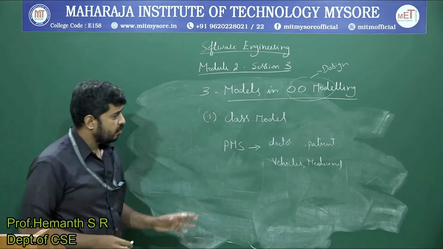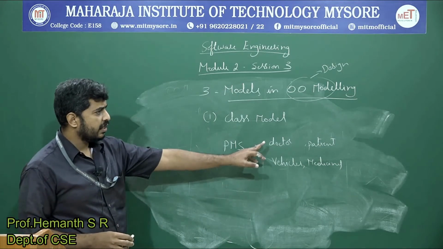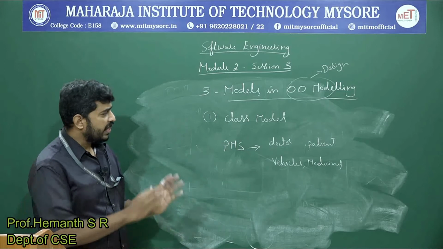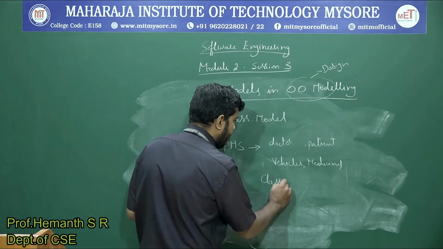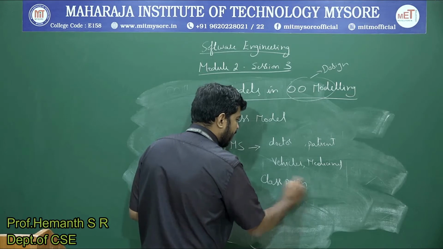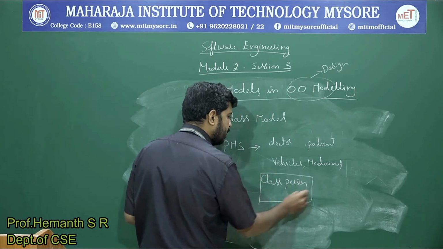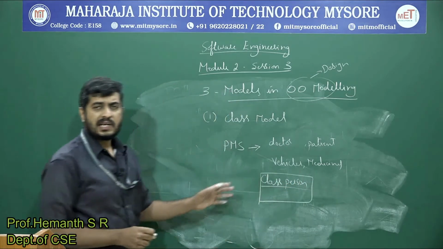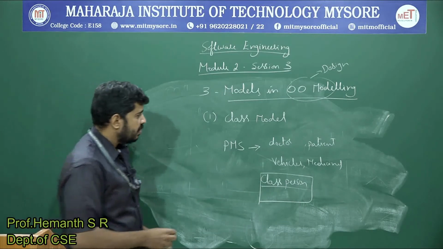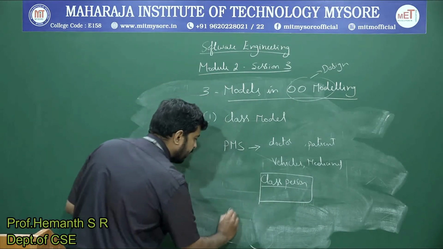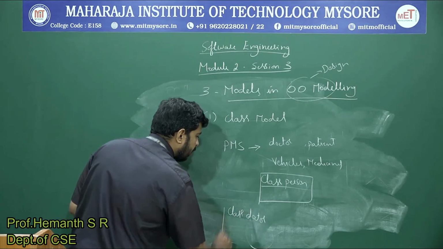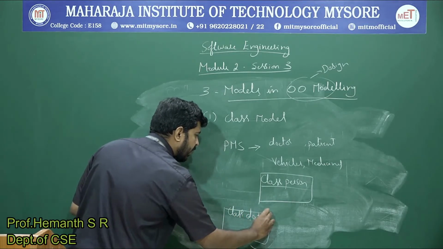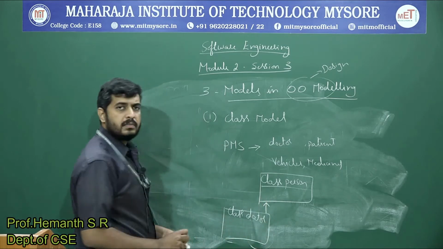Once you identify the real world entities, we create the class. For example, class person. We created this class person. Also, for a class, we created subclasses. For example, this person can be a doctor, class doctor, so it can belong to class person.